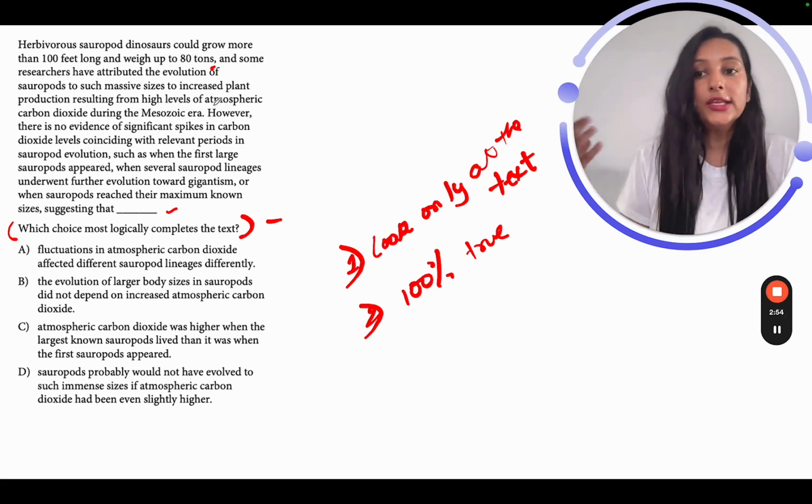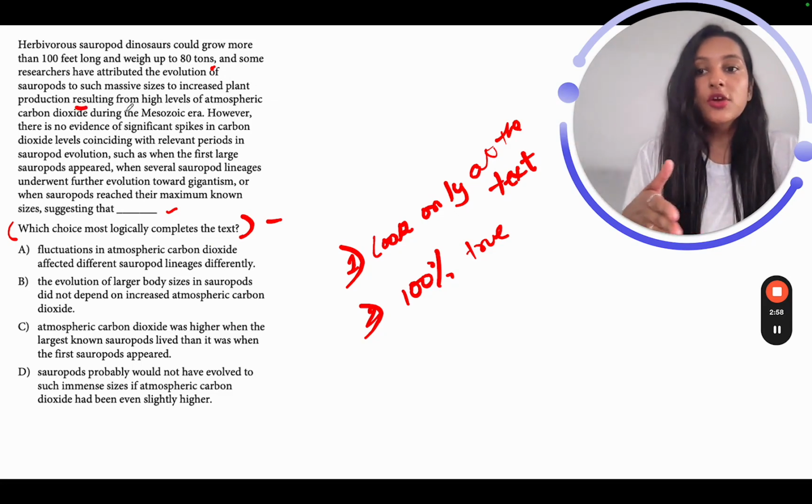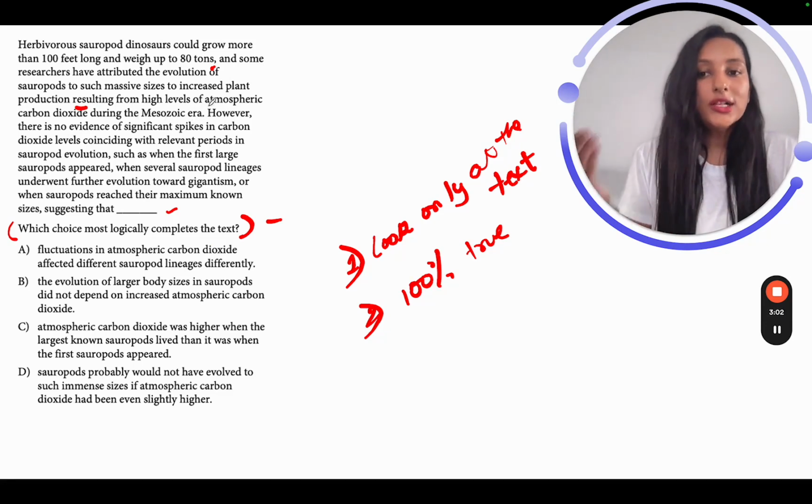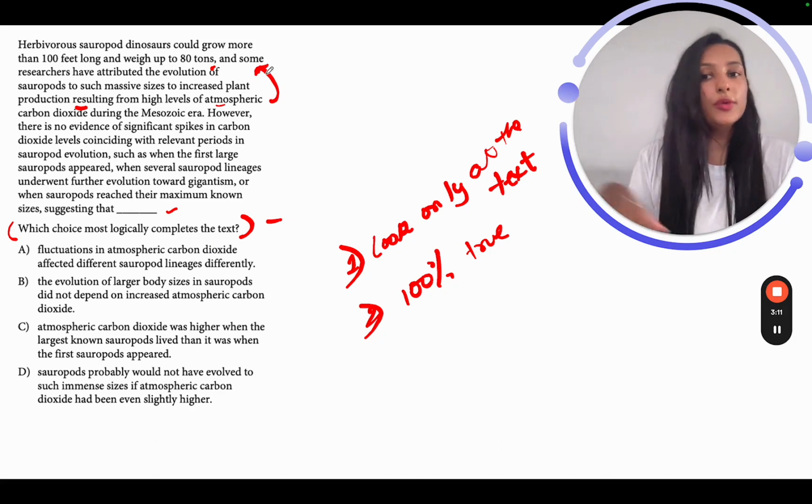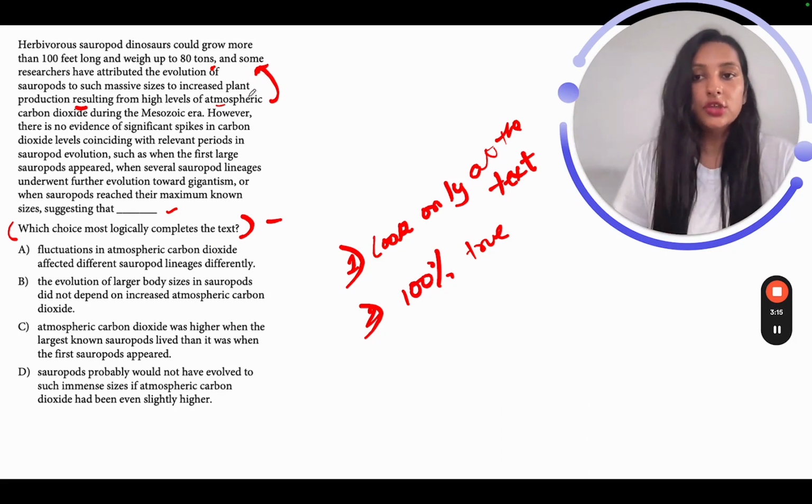That was because of the increased plant production, which happened from high levels of atmospheric carbon dioxide during a particular era. So ultimately, these high levels of atmospheric carbon dioxide led to such massive sizes of S dinosaurs. This is what I can take away from the sentence, and the rest of it can just stay over there, right? I don't have to pay extra attention to every detail that's been given to me over here.